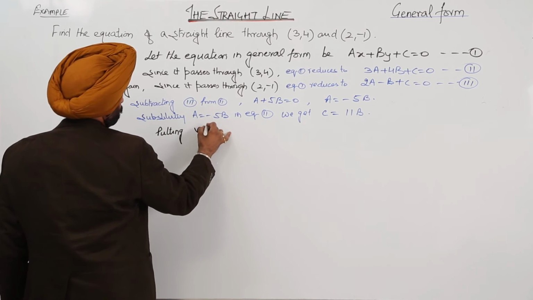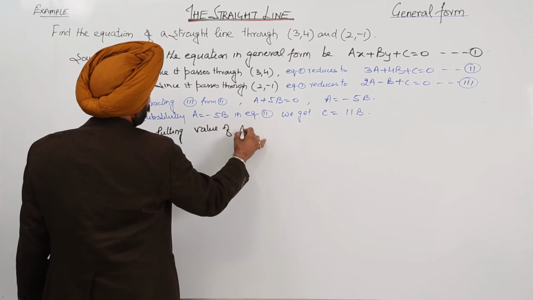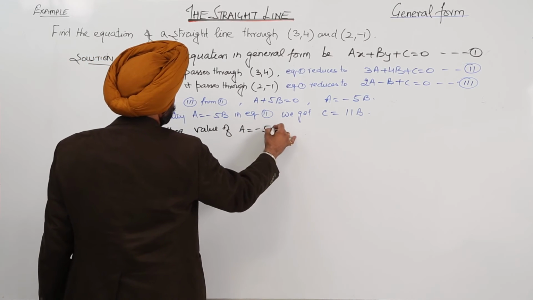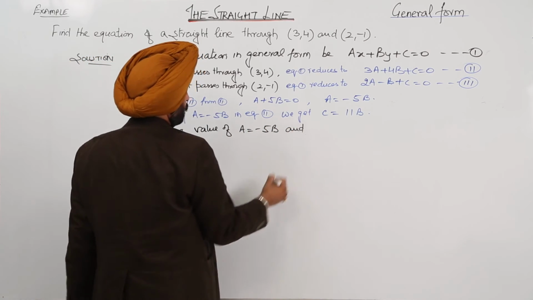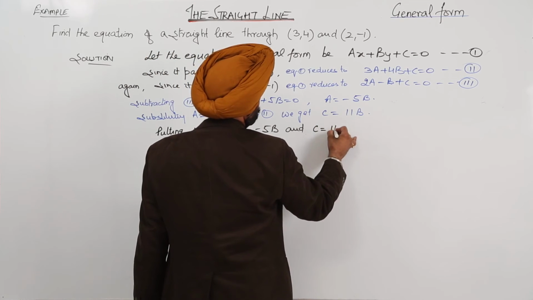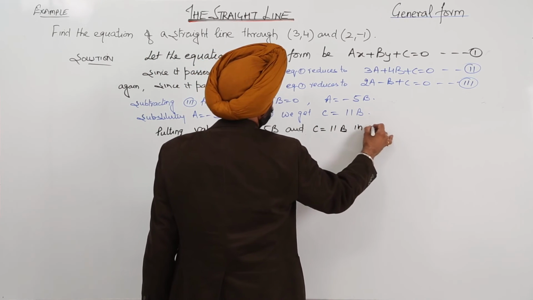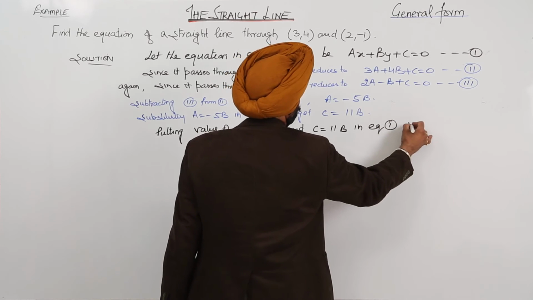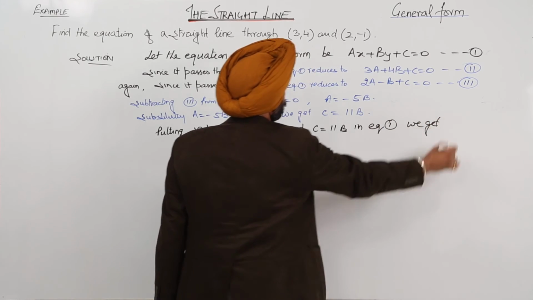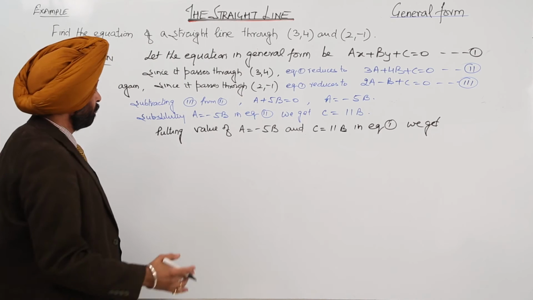Putting the value of a = -5b and c = 11b in equation 1, we get, a very simple thing. Okay.